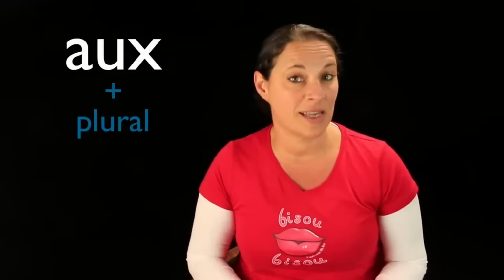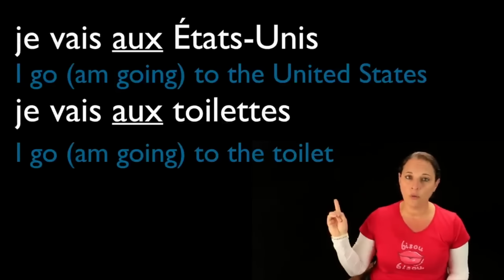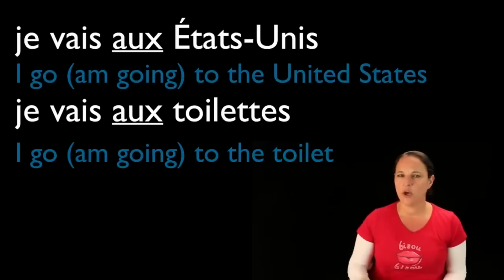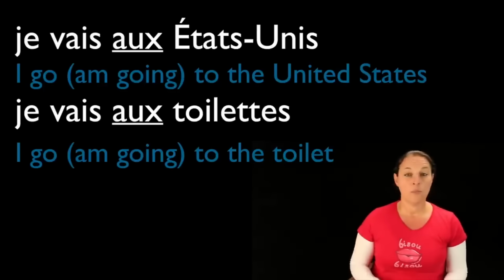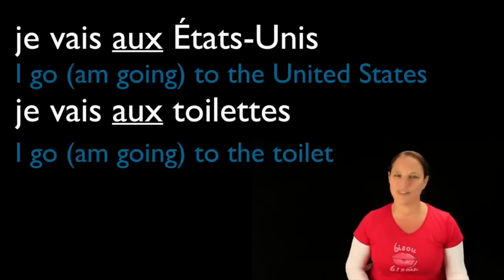Now, the fourth way of saying to the is aux, when using a plural. For example, the United States, because it's plural, we need to use aux. So I'm going to the United States will be je vais aux États-Unis. But one very useful way when we use aux is toilettes. Okay, I'm going to the toilets.